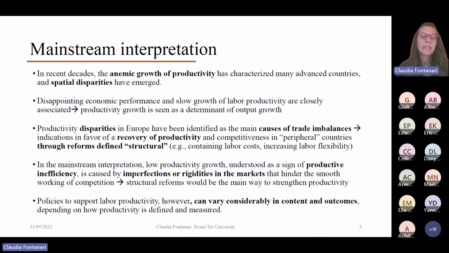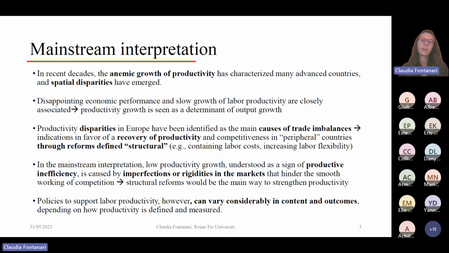In the prevalent literature, the slow growth of labor productivity is closely related to the disappointing economic performance of countries. Why? Because in mainstream theory, as you all know, productivity growth, together with the growth of resources, labor and capital, is seen as the determinant of output growth. So within this framework, the gap in productivity growth between European countries has been identified as one of the main causes of trade imbalances in the Eurozone.